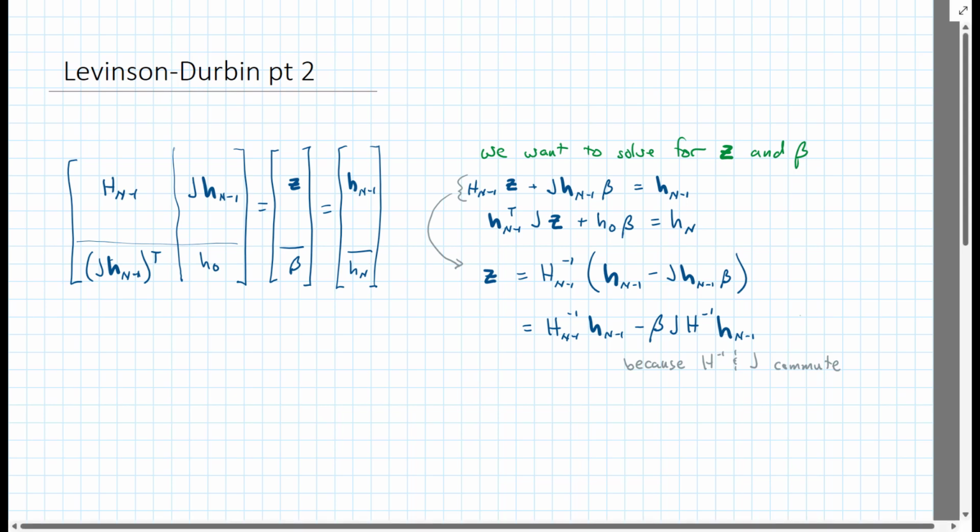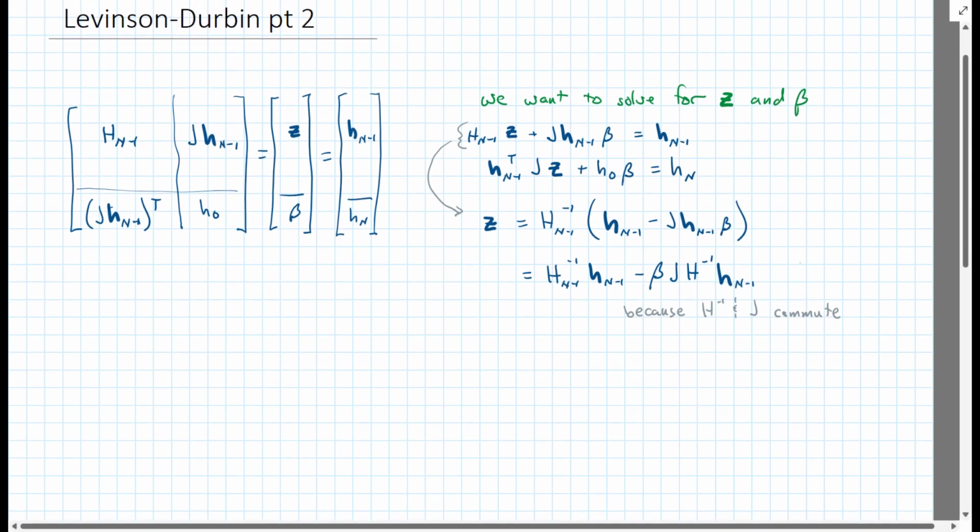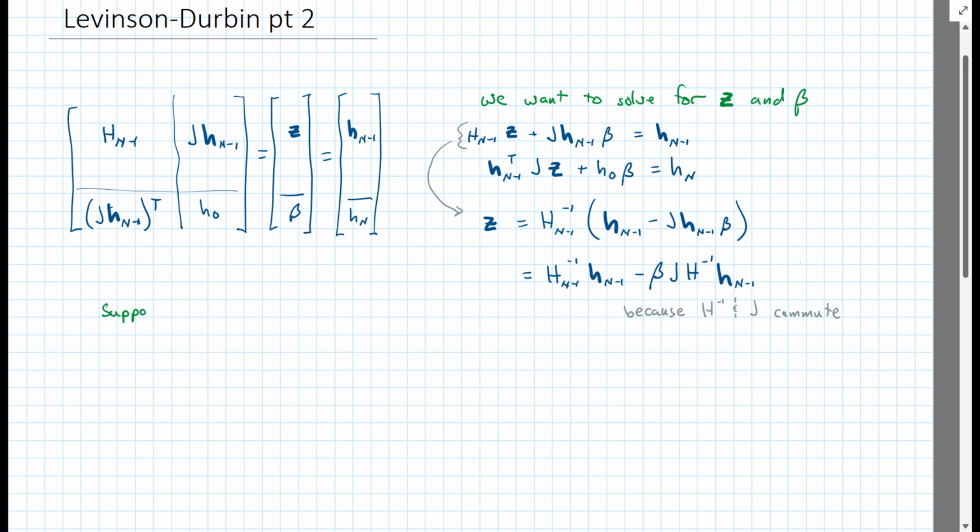Okay, here's the big step. Suppose that we already knew v_{n-1} is equal to H_{n-1} inverse times h_{n-1}.